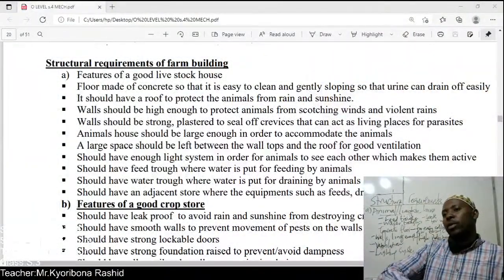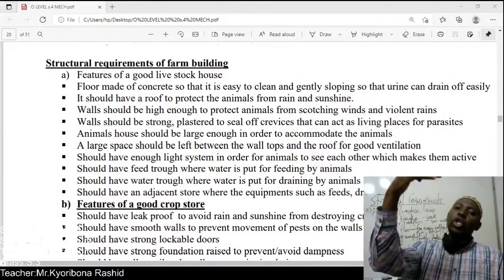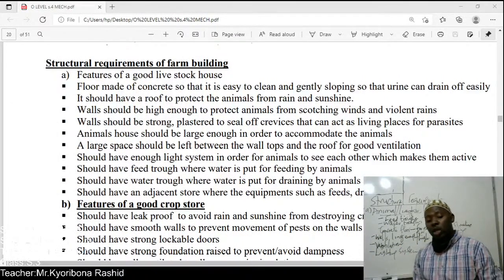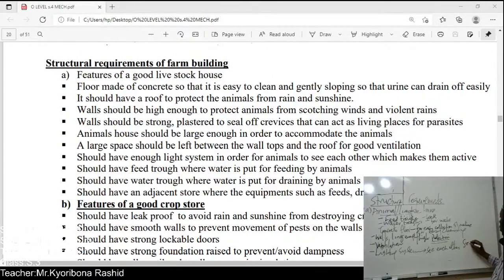The females have to be in a position to view the males, like in sows, in ewes. Ovulation could be delayed or affected if they don't see the males. So it is very important for the animals to see each other. The ewe should be in a position to see the ram, the sow should be in a position to see the boar.